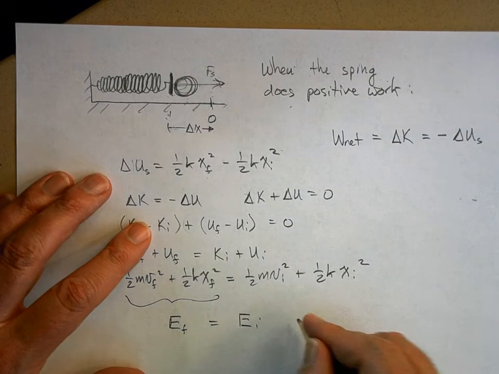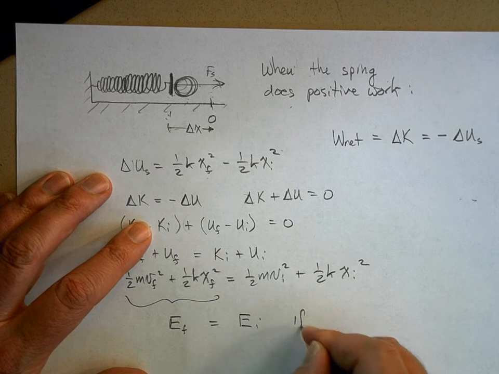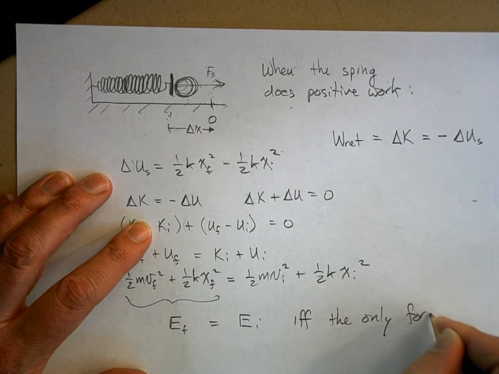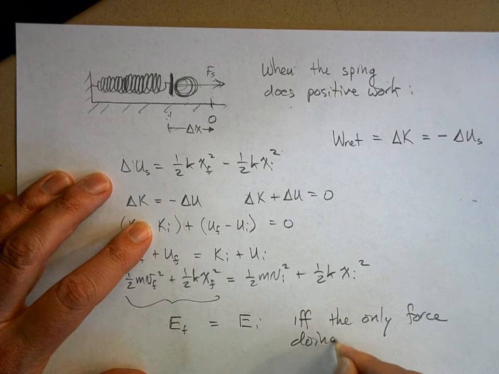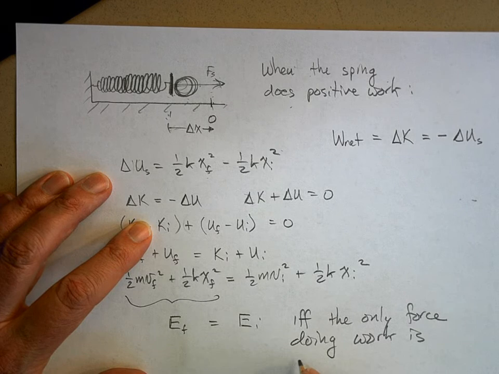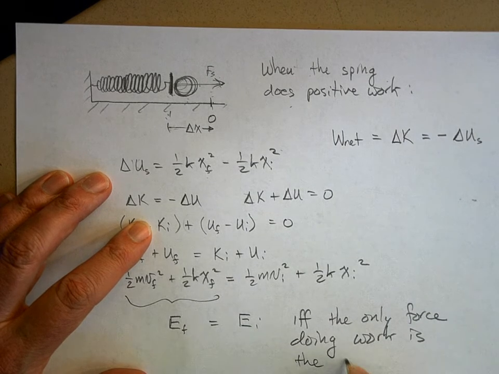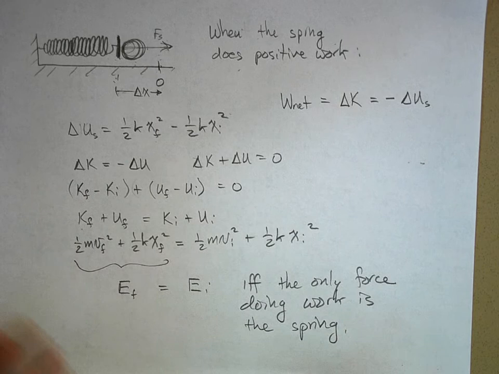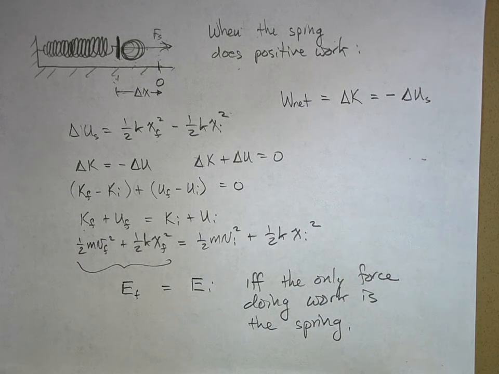So this is true if and only if the only force doing work is the spring. Okay? But what if you have gravity and springs? It works the same way.